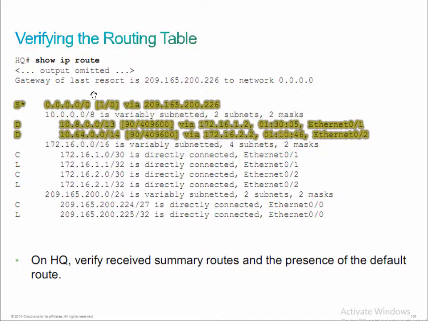The next thing is we've got this default route 209.165.200.226. I could configure static default routes on my other two routers to simply route to HQ for the internet, but I can also have the HQ router advertise a default route into the EIGRP process.